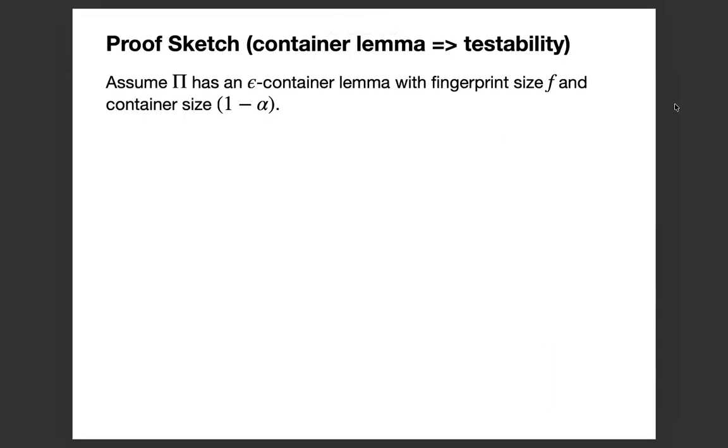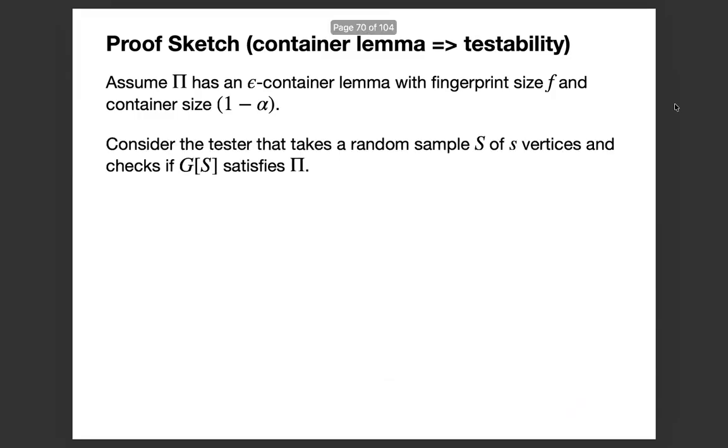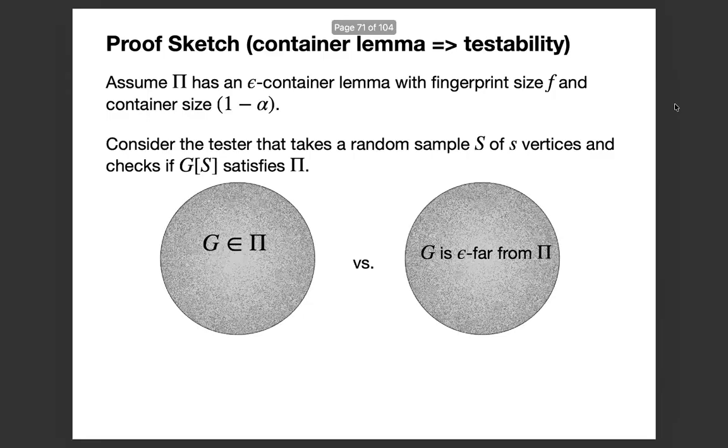Okay. So we're starting with a container lemma and we're trying to prove testability. Let's just look at the most basic tester, and we're going to try to analyze it. Our tester is just going to take a random sample of vertices and see if the induced subgraph satisfies pi. Okay, so just a quick picture. We're trying to distinguish between these two cases, the case that has the property and the case that's far from the property.